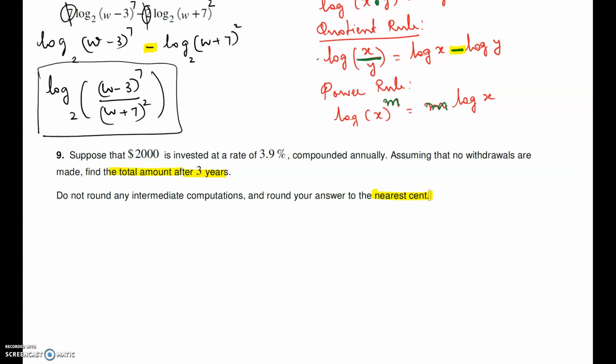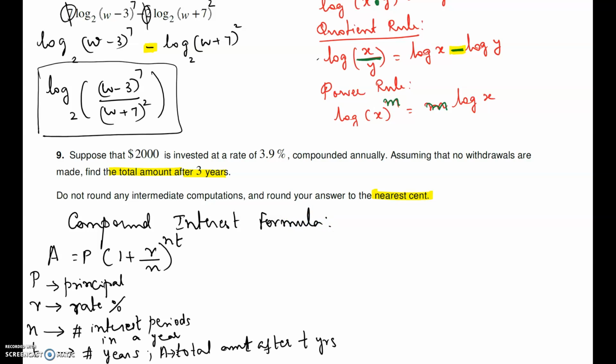So in this one we are going to use the compound interest formula, which is A equal to P times (1 plus r over n) to the power of nt.